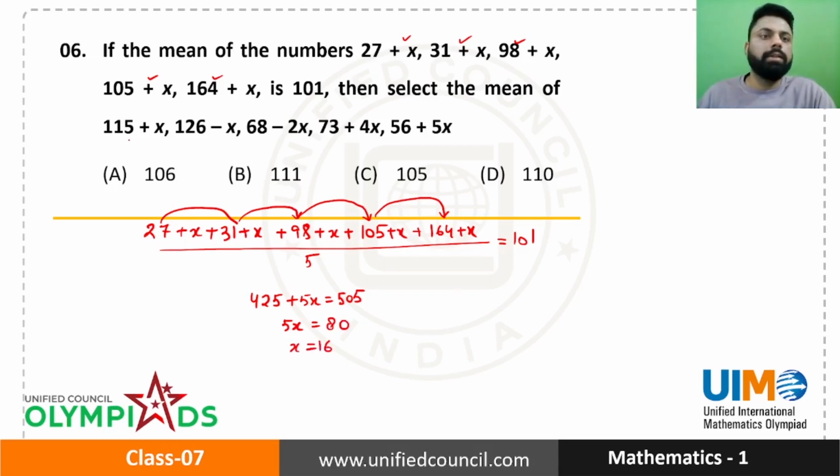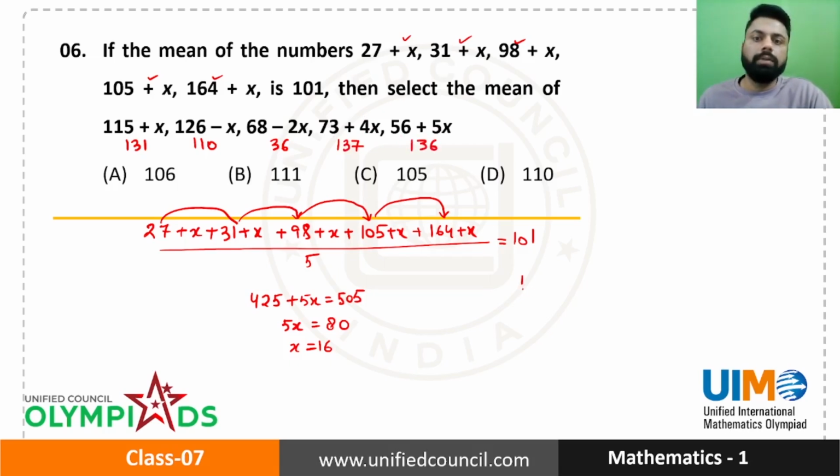Now the mean of these numbers: the numbers will be 115 plus x, 131; 126 minus x, that is 110; 68 minus 2x, that is 68 minus 32, which is 36; and 4x plus 73, that is 64 plus 73, 137; and 80 plus 56 is 136.